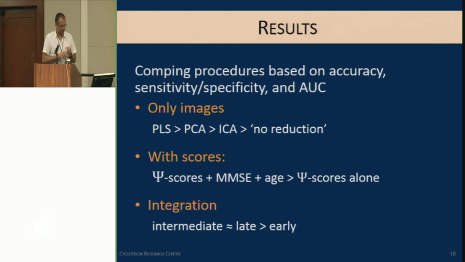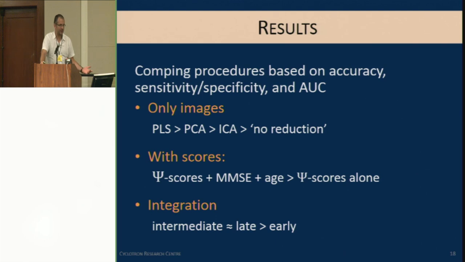So PLS was doing better than PCA, than ICA, than no reduction. When we used the scores, we had the psychological scores, the MMSE value, and then the age, and we compared that with just using the neuropsychological scores alone.